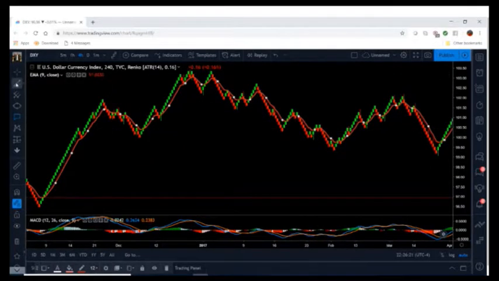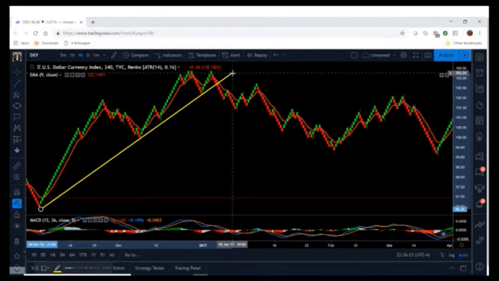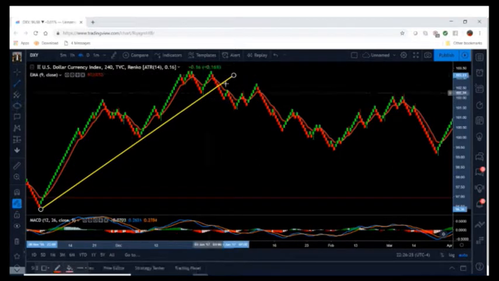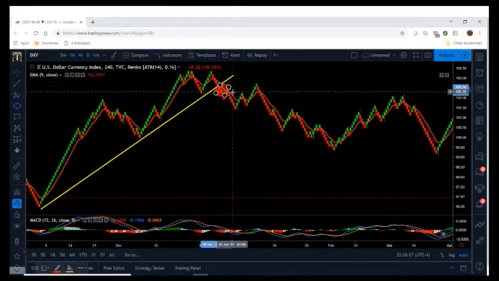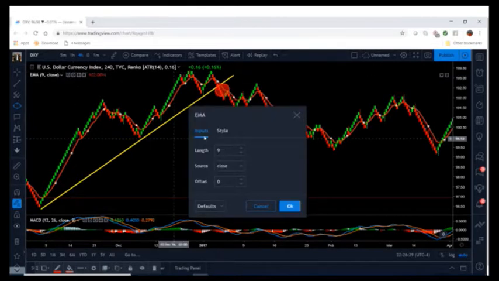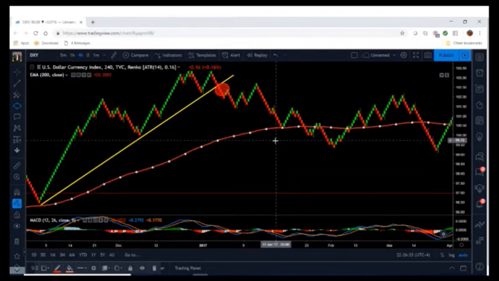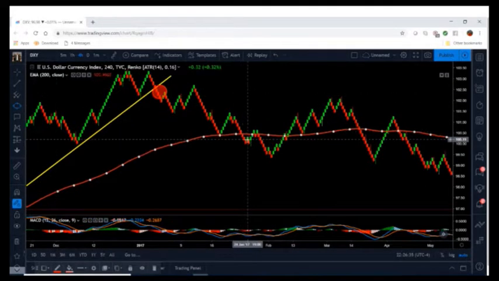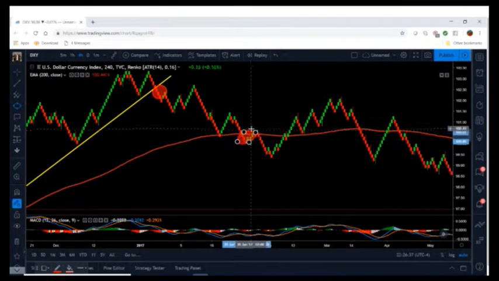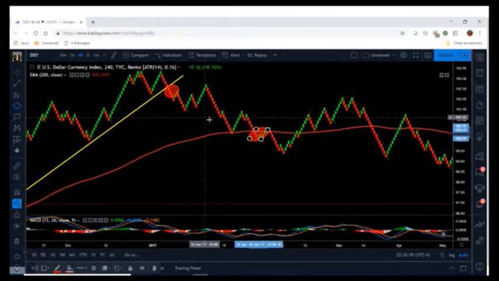So let's try this one. Let's say I do this uptrend here. So my entry would be right there. And then when I switch over to 200, so now your entry is all the way down here. So you see that? Because that will happen, right?